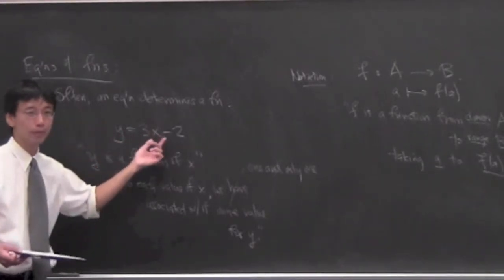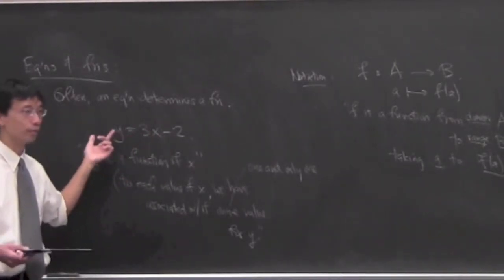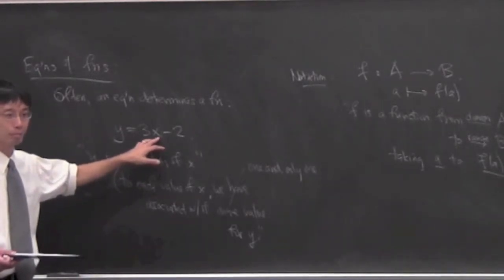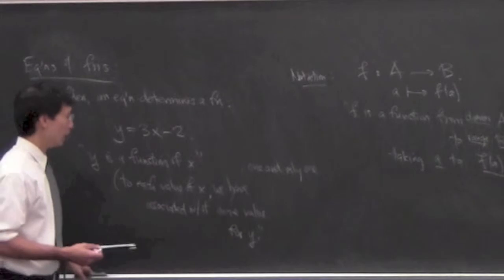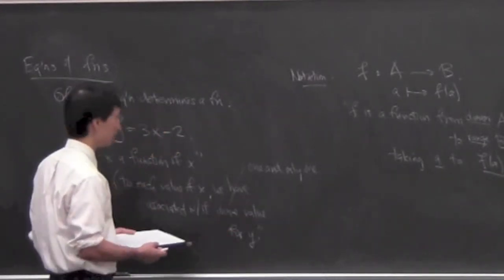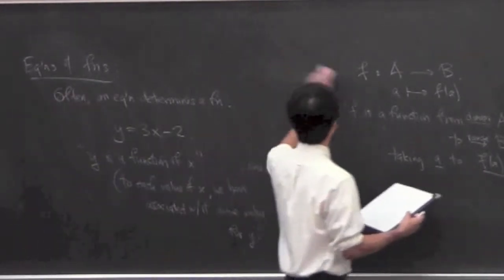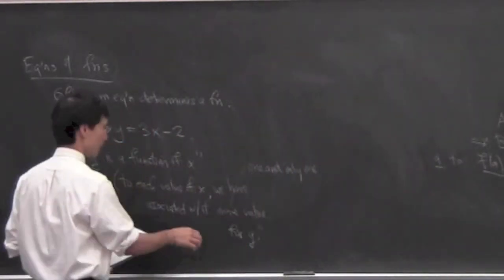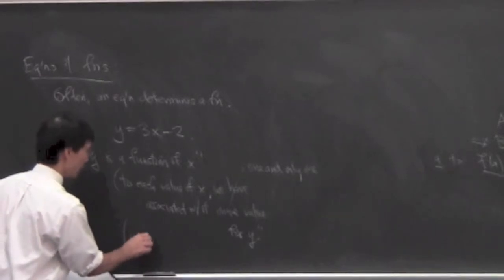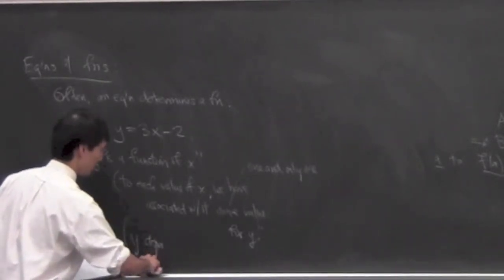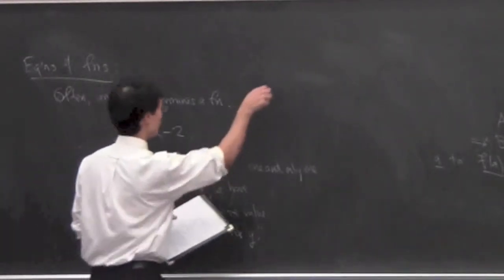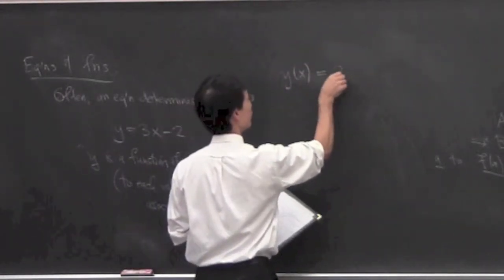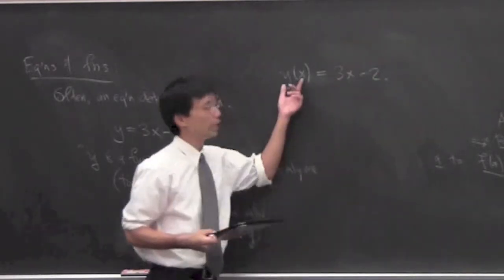For each value of x, you get some value of y in a consistent way. There's no choice involved. To make it clear that this is a function, people often write it like this: y of x.